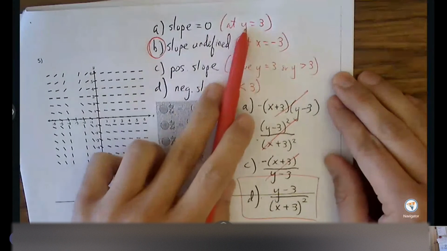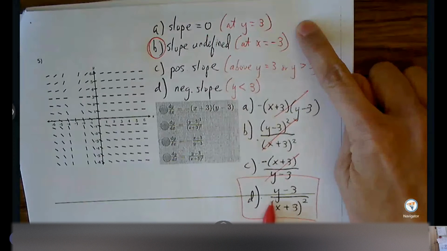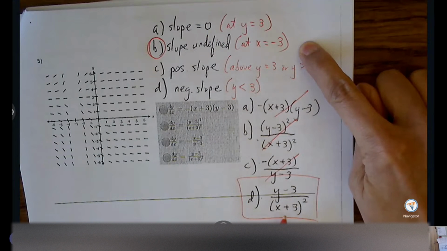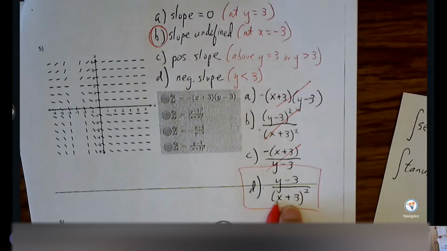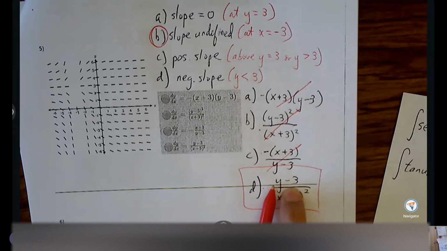But let's look at each of these options here. If I put 3 in for y, I should get 0 overall. 3 minus 3, that's 0. That works. If I put -3 in for x, I get 0 in the denominator. That works. Notice that my denominator is squared, but my numerator is not, which means the denominator has no chance of being negative, only the numerator.